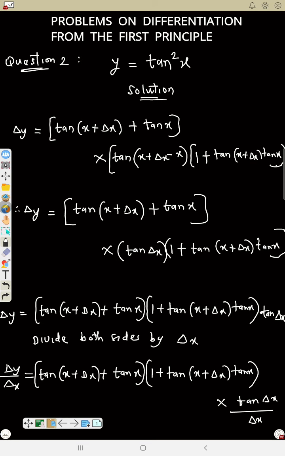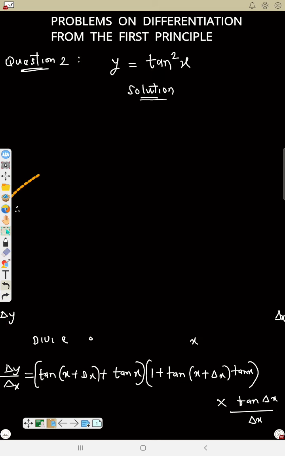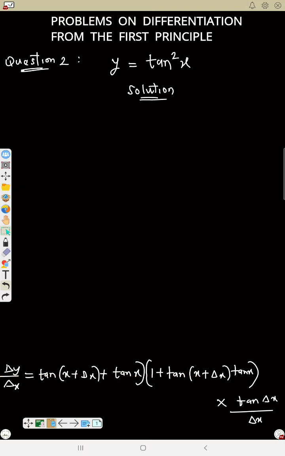So now, notice we need to take the limit. The same thing we did for the sine, we will do it here also. So let's take the limit of dy over dx as dx tends to 0. So anywhere you see dx here, you turn it to 0.